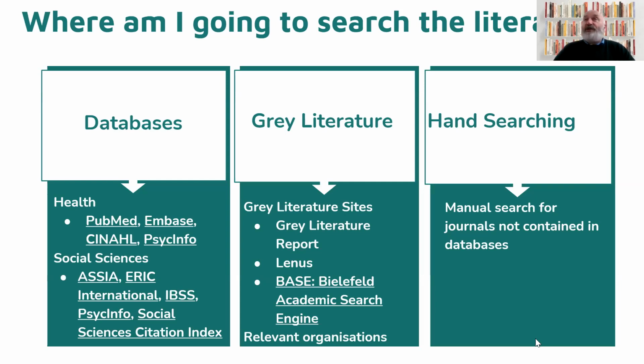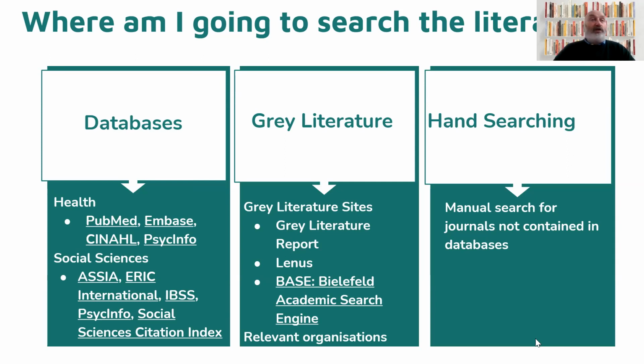Another source of information is called hand searching, and you would have seen an image of that on the slide after the word cloud. Hand searching is really used when you're aware of certain journals that are really important but are not being indexed by the databases that you are searching.